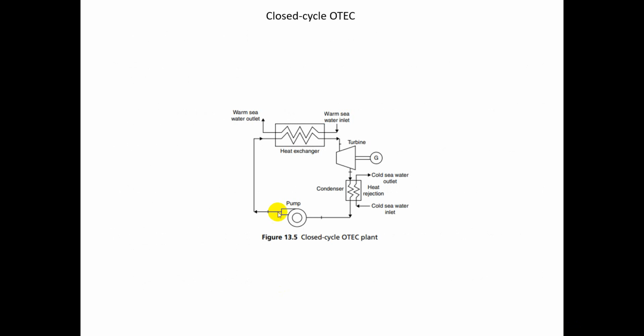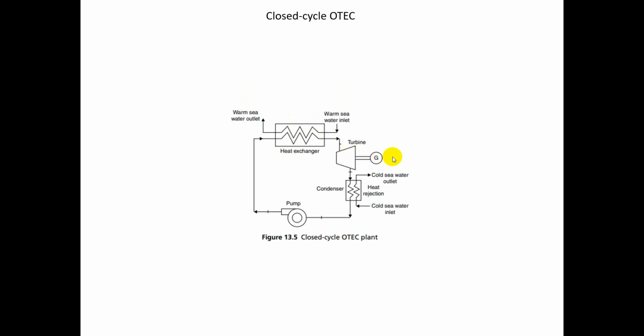So here is my closed loop OTEC. Initially the warm seawater, this is my inlet, goes to the heat exchanger and then goes to the outlet. In this heat exchanger, the energy from the warm seawater is passed on to the liquid fluid, which goes and hits the turbine.